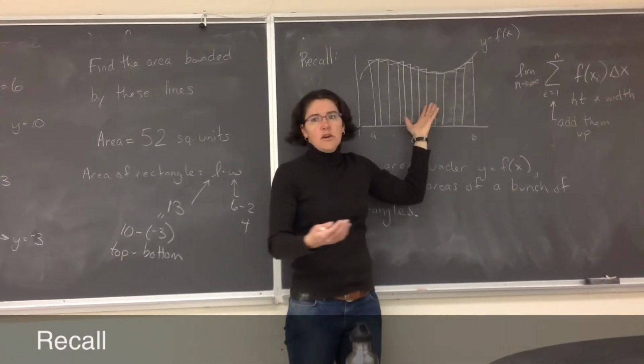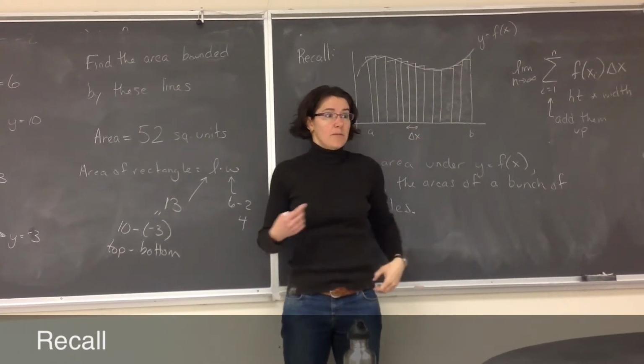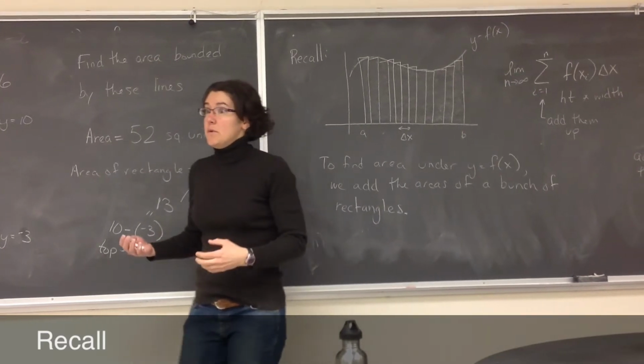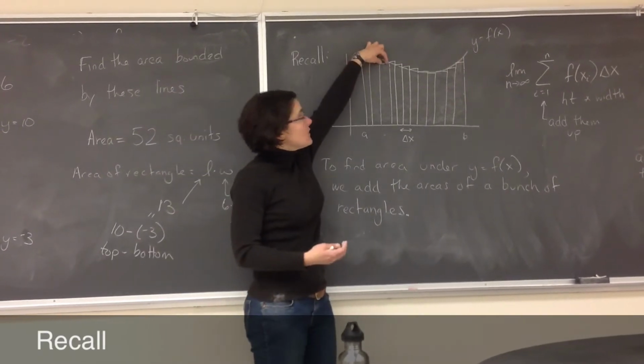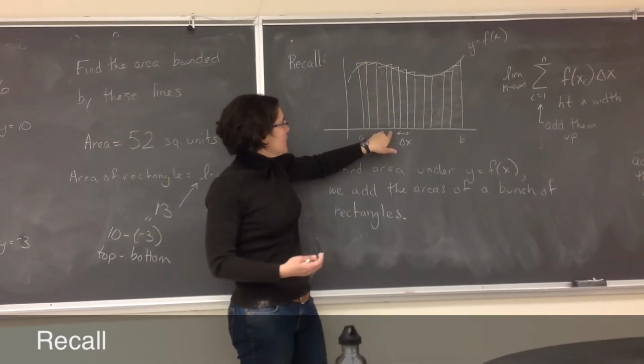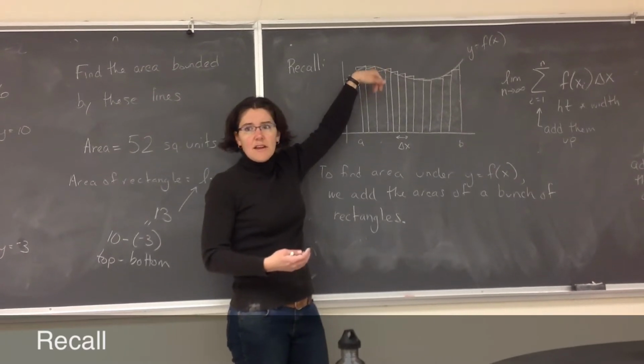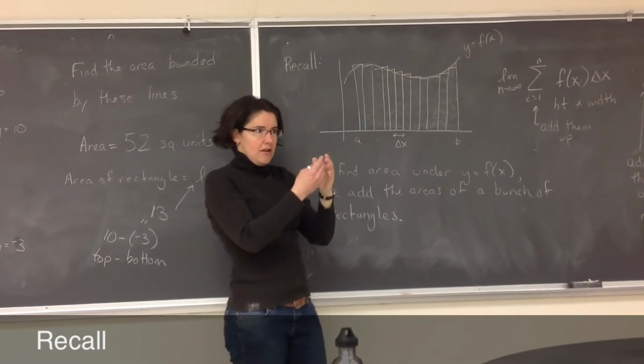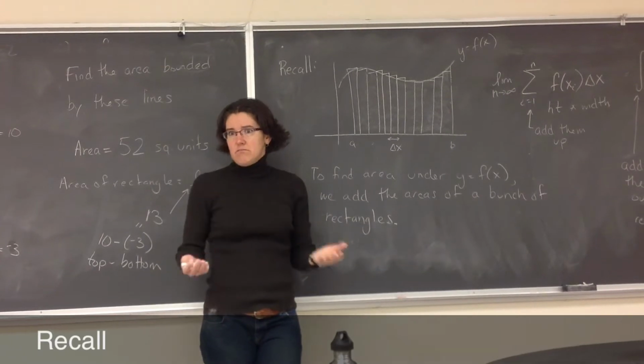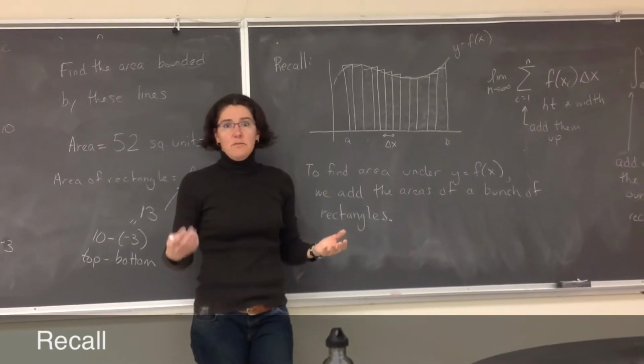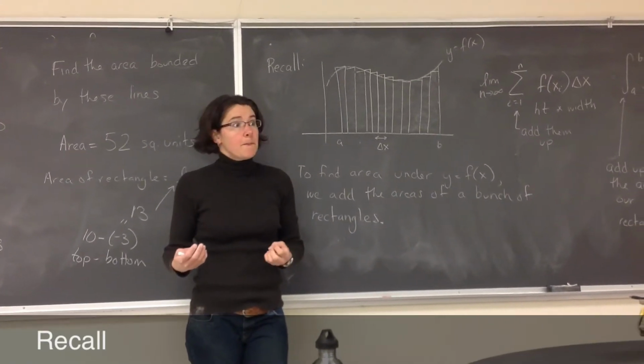It's not a rectangle or a triangle or something that I have a known formula for. But I can break it up into these rectangles, and over this little interval, my function is constant. So I can think of it as a sum of a bunch of rectangles, and I really do like rectangles because we know what the areas of those are.